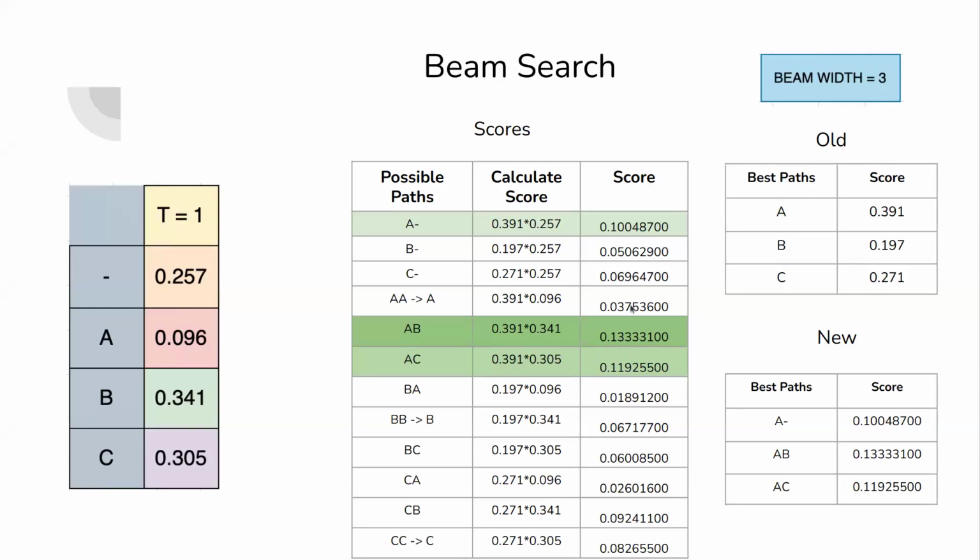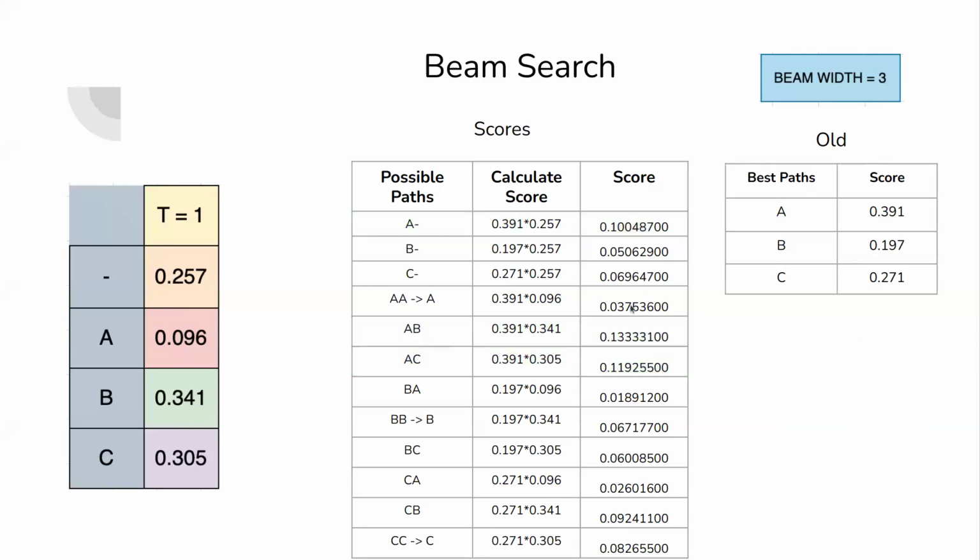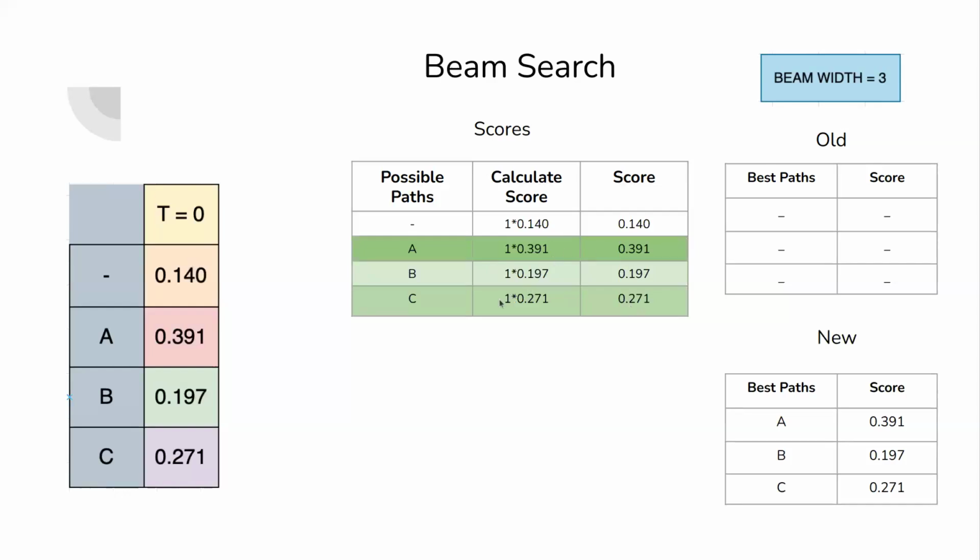Let's say in this previous step, the highest probability here was something else, it wasn't A, it was the blank. Then we would go only with the blank, ignoring the rest.